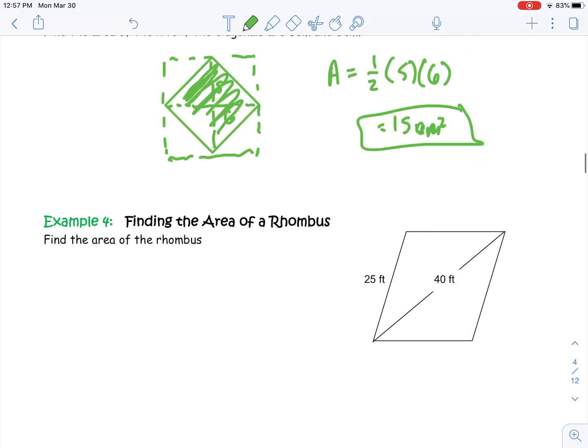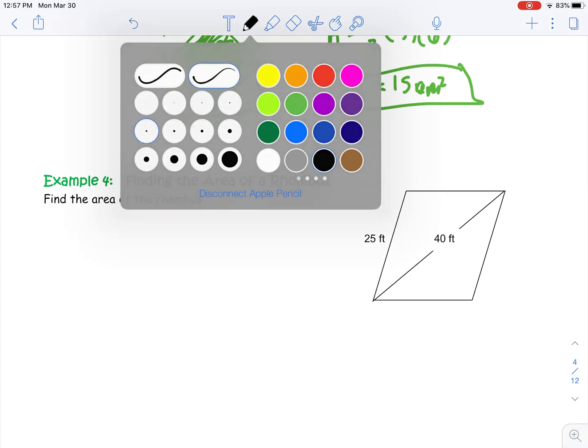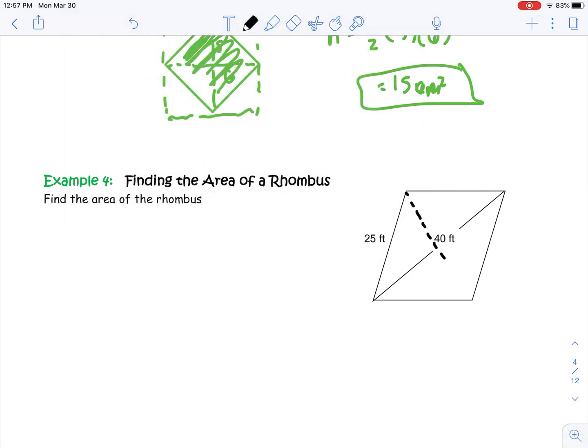Great. Now, in the most involved forms of working with rhombuses or kites, we might need to draw in our diagonals in order to find more key information. When we draw in our diagonals, you'll notice this splits into 20 feet and 20 feet. And again, it's a rhombus, so all of these sides on the outside are the same. This is 25 feet, this is 25 feet, this is 25 feet.